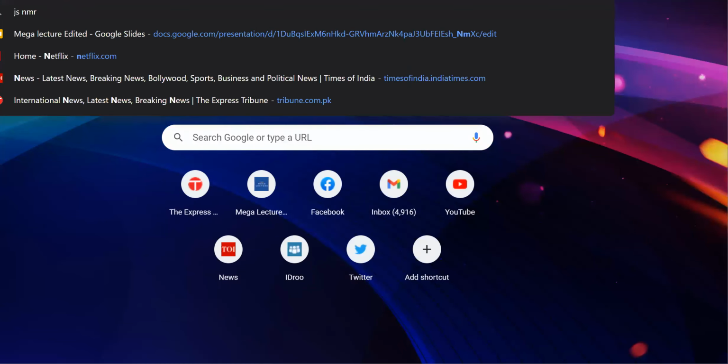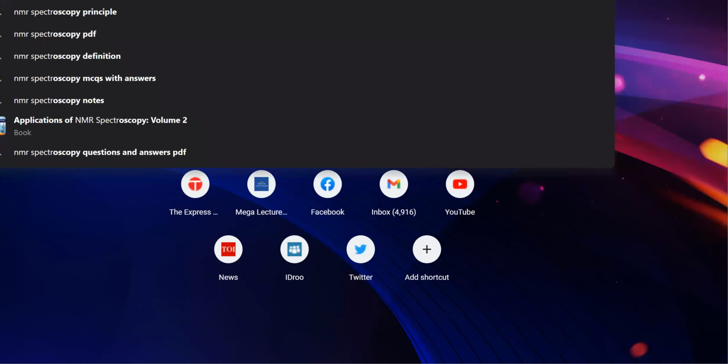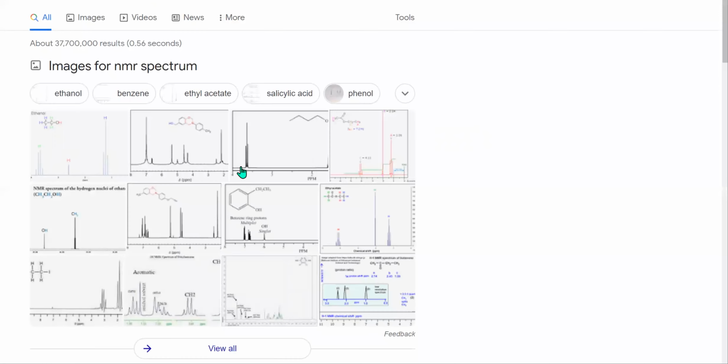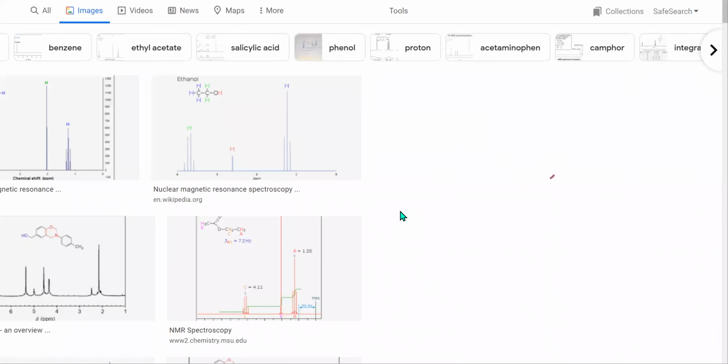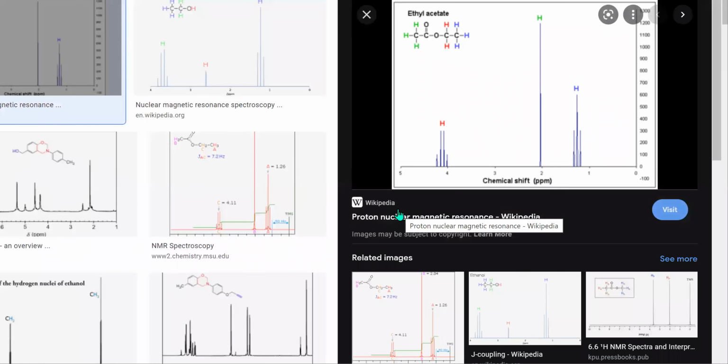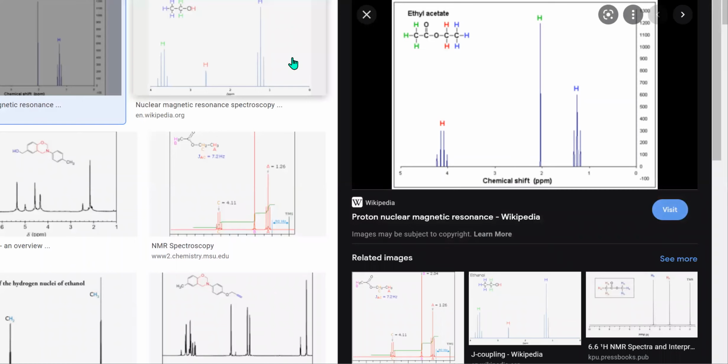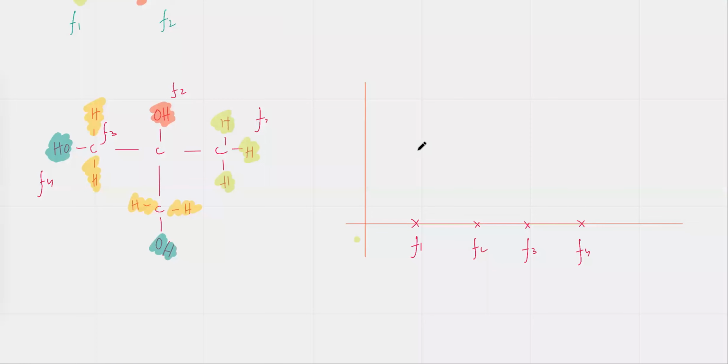Like if I take out my NMR spectrum, just a second. Anyways, this over here, it represents the absorption.